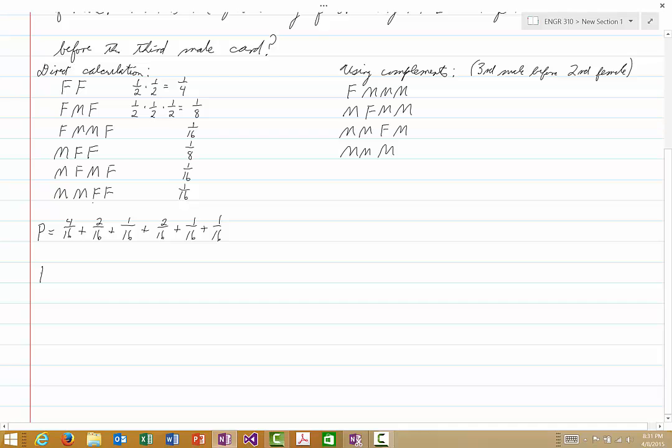And so altogether, the direct calculation gives us a probability of 4 and 2 is 6, 7, 8, 9, 10, 11 sixteenths.